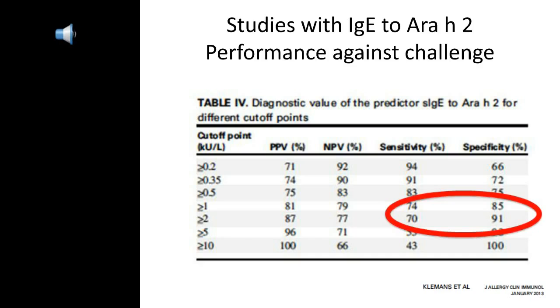So in normal use of specific IgE to whole allergen, for a 95% specificity cutoff, you'll pick up about 50% of reactors. What the component-derived testing will do, for the 95% cutoff, is reduce this figure to about 30%.